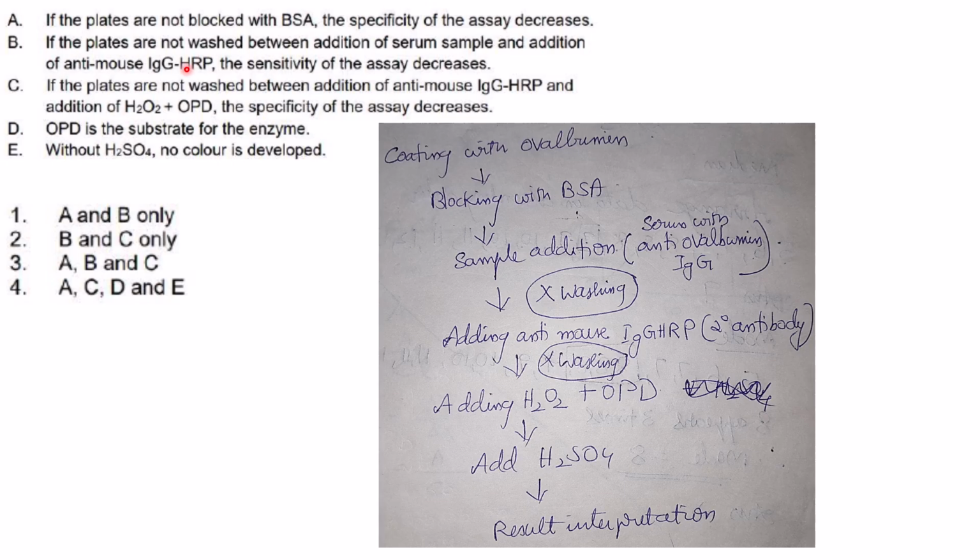Now if the plates are not washed between addition of serum sample and addition of anti-mouse IgG HRP, that is your secondary antibody, that is over here. If you don't wash between sample addition and addition of this secondary antibody, then the sensitivity of the assay decreases.